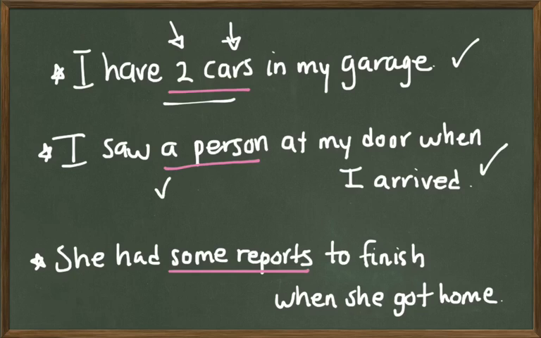We have the article a and the countable noun in singular form. In the third example, we have she had some reports to finish when she got home. And as you can see, we have the expression some, and we have our countable noun in plural form.